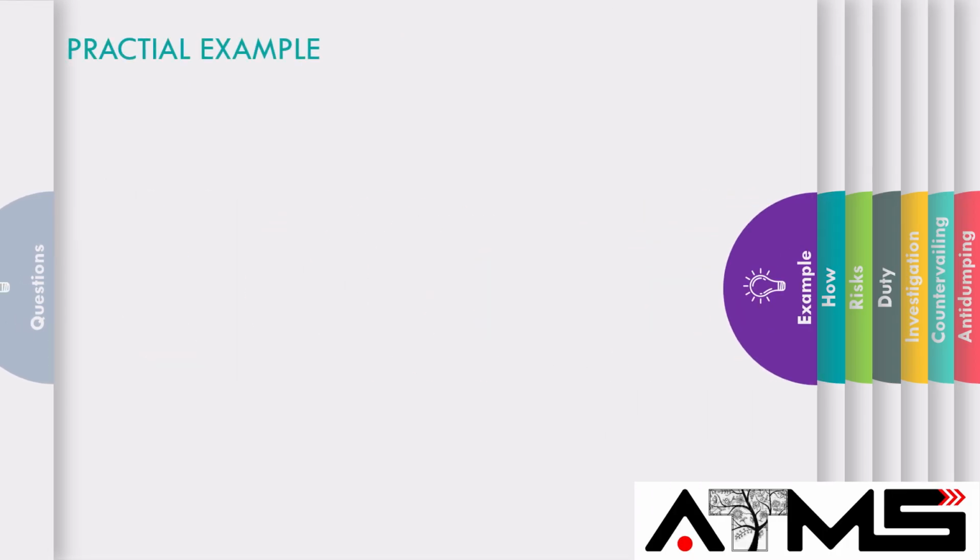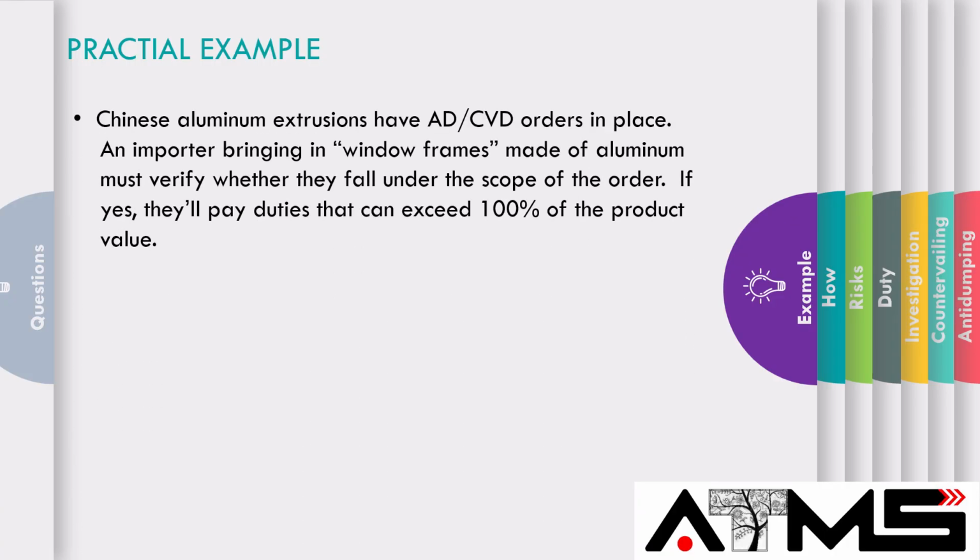Let's take a look at a real example. One importer brought in a single aluminum window frame from China. He only accounted for the duty of aluminum frames. What he did not realize was that aluminum extrusions from China were already subject to AD/CVD orders.